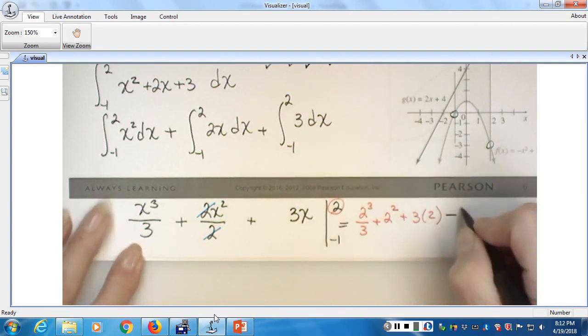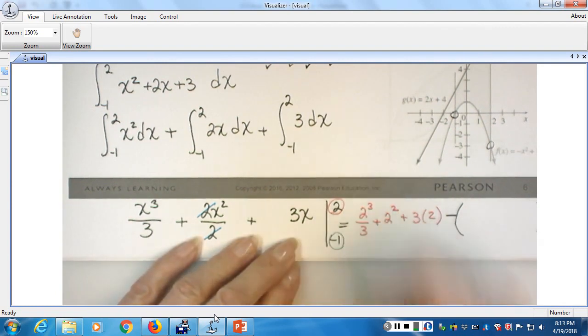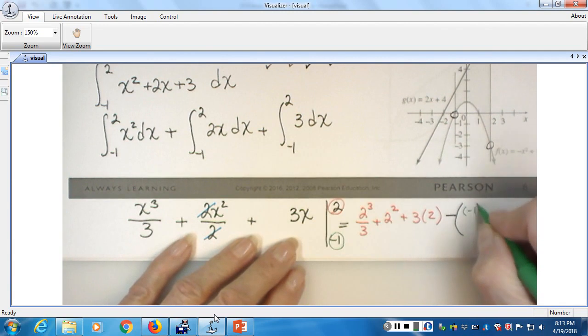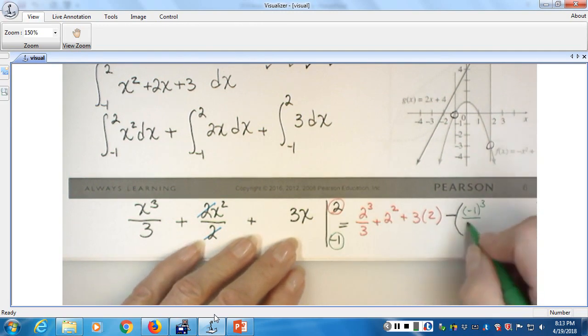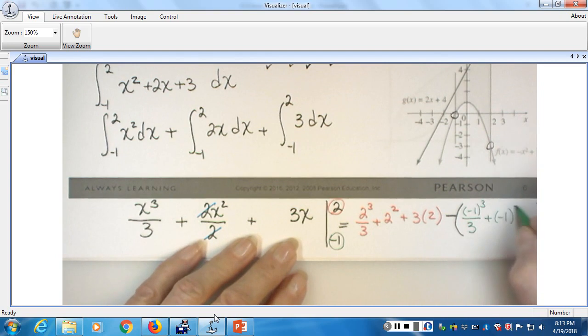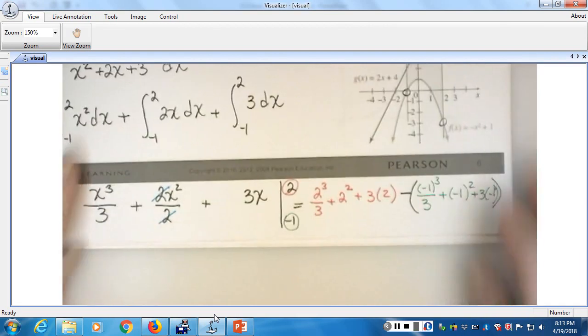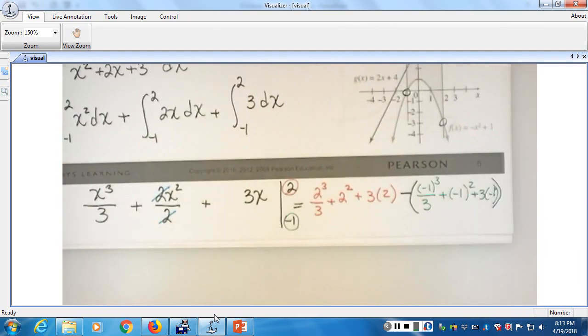And from that, we are going to subtract -1 cubed over 3 plus -1 squared plus 3 times -1. And of course, we're going to do that on the calculator so that we don't trust my not-so-caffeinated brain anymore to actually do this correctly.